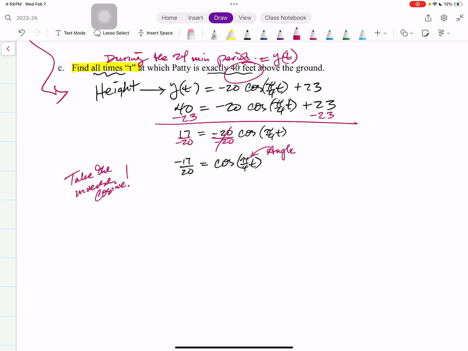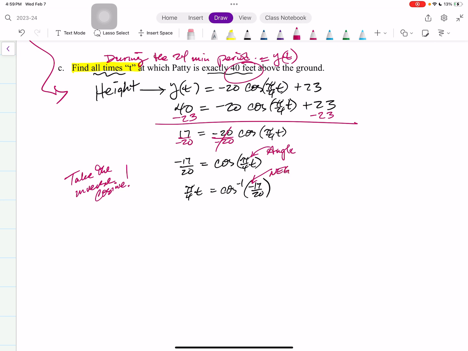So to do that, here we go. My angle, pi/4 t, is going to be equal to the inverse cosine of my ratio, -17/20. And I got to figure out what the possible values are here. Notice that we're taking the inverse cosine of -17/20. This is negative right here. So notice that.